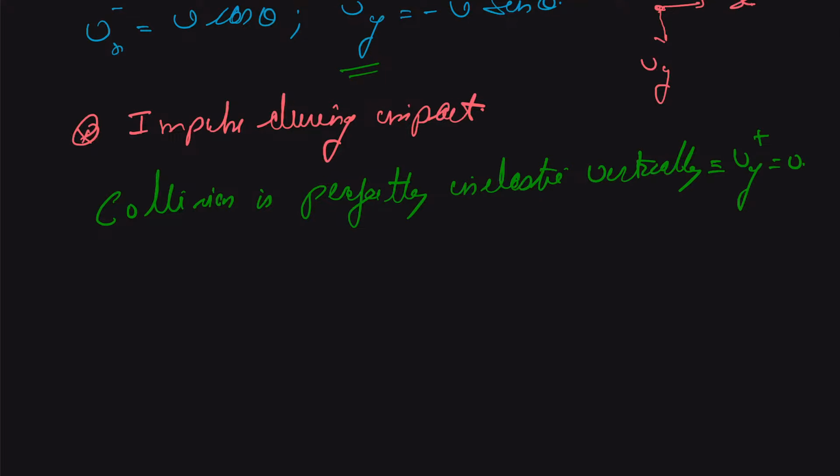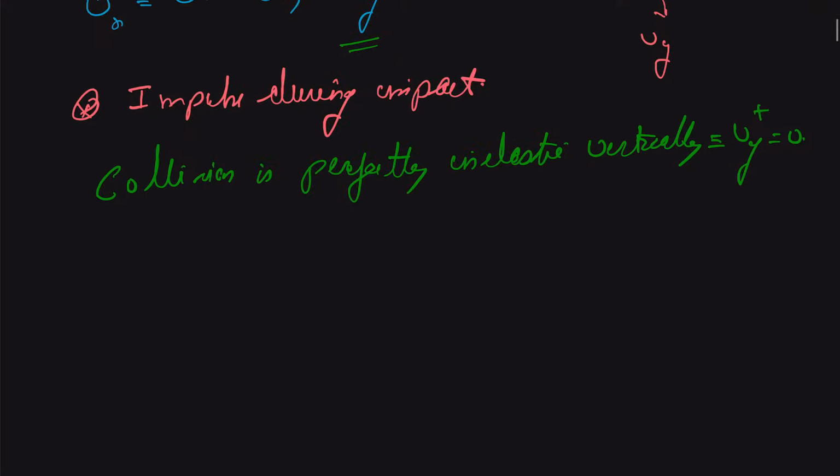And now we can find out the vertical impulse, or we can say the normal impulse, and let us call this J of n.